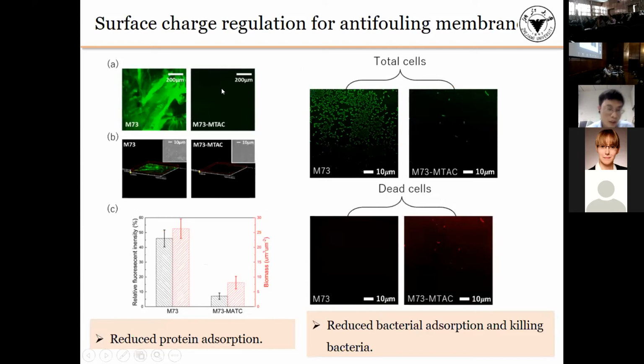Then we also tested the protein adsorption and the bacterial adsorption. We can find after the surface grafting, the adsorption is very low, and we also tried to observe the bacteria on the membrane surface after attaching.